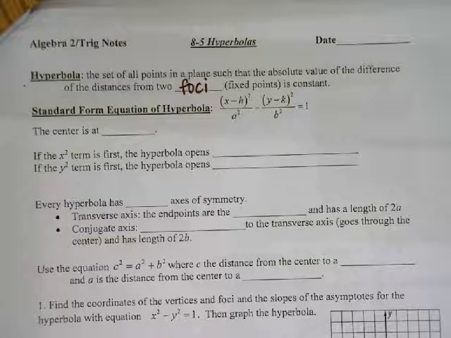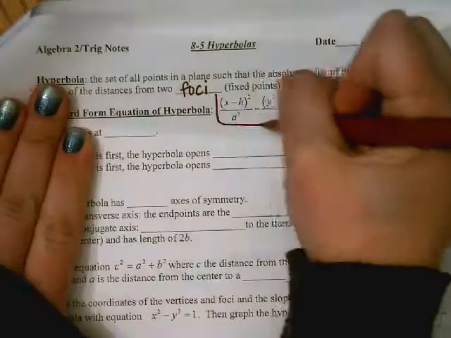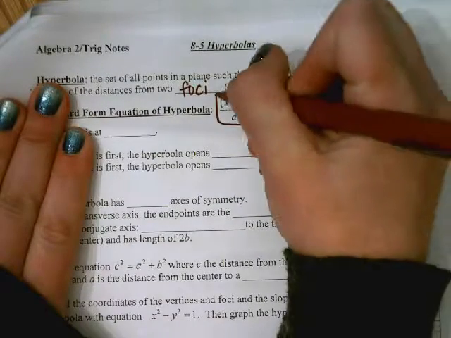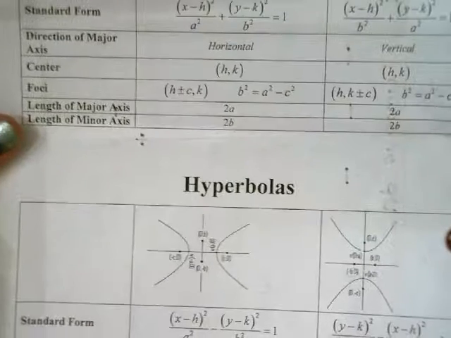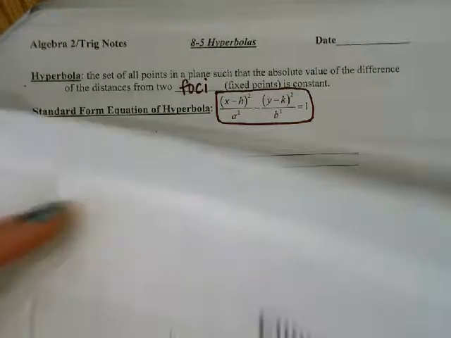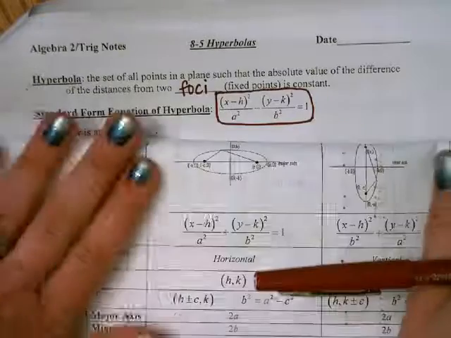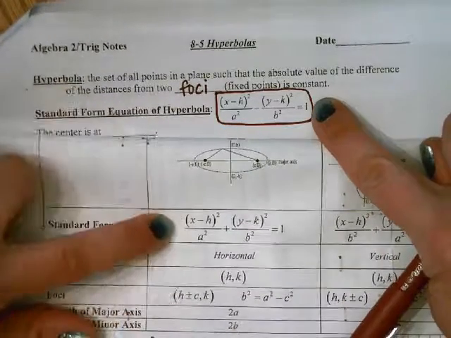So the standard form equation of a hyperbola is this guy right here. Again, that's on your formula sheet as well, on the back side. Let's look at that compared to an ellipse. This guy right here is the hyperbola, and this guy right here is the ellipse.